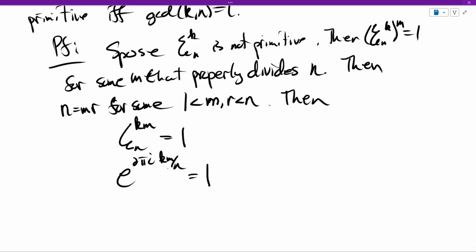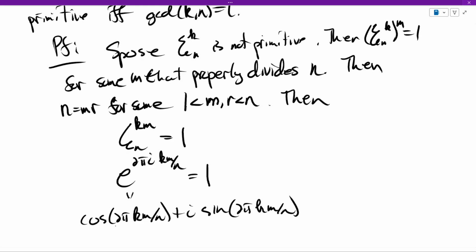So e to the 2 pi i over n is zeta n, and we raise that to the km power. But this is cosine 2 pi km over n plus i sine 2 pi km over n. And the only way this is equal to 1 is if km over n is an integer.